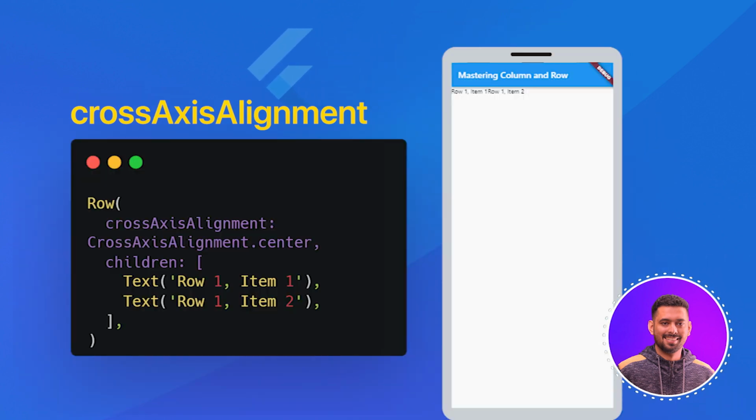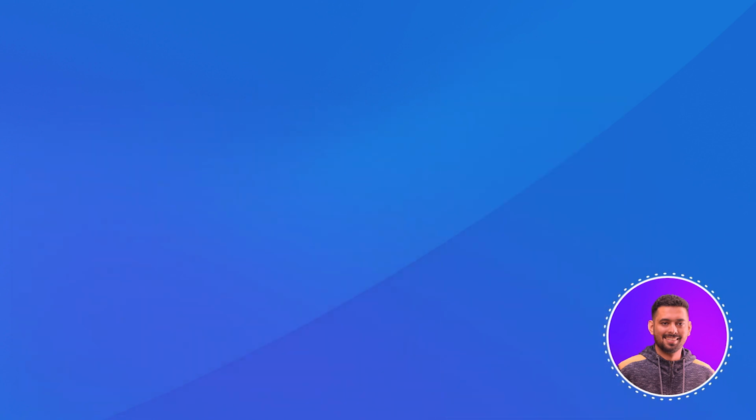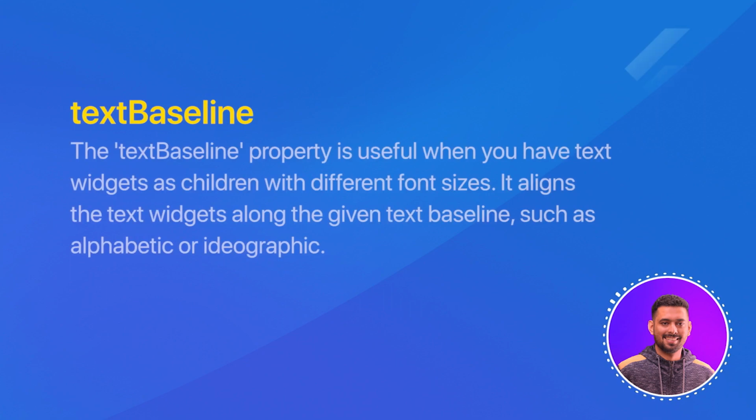In this example, we have set the cross axis alignment property of a row widget to CrossAxisAlignment.center, which centers the children along the cross axis. Text baseline. The text baseline property is useful when you have text widgets as children with different font sizes.